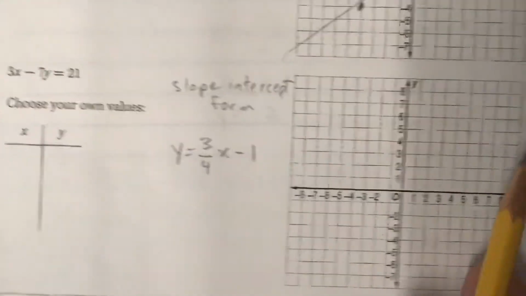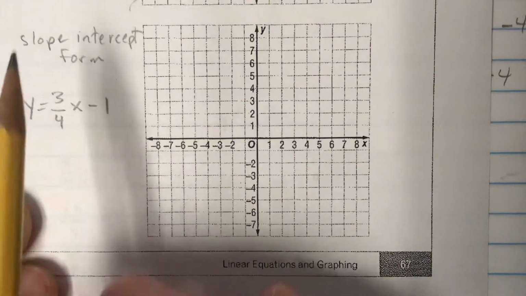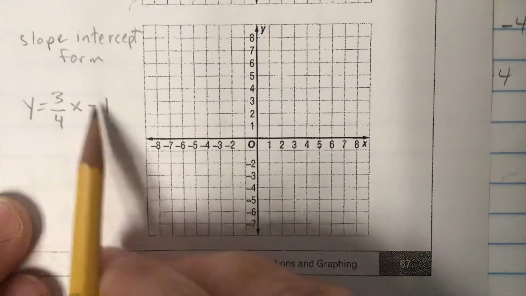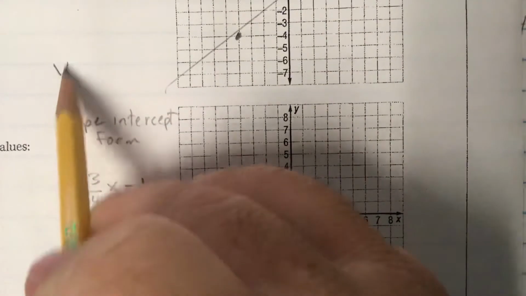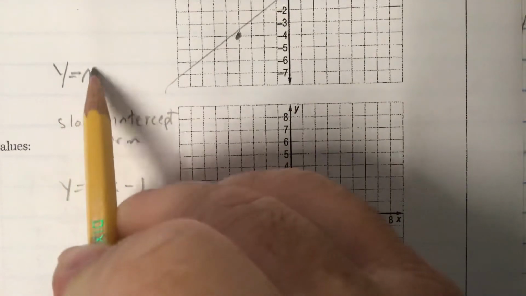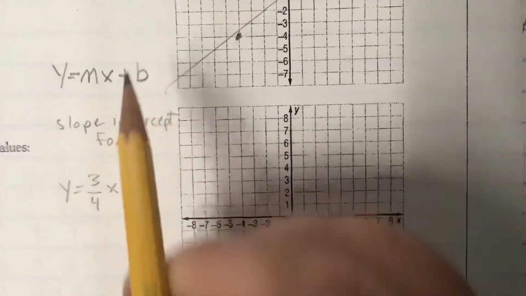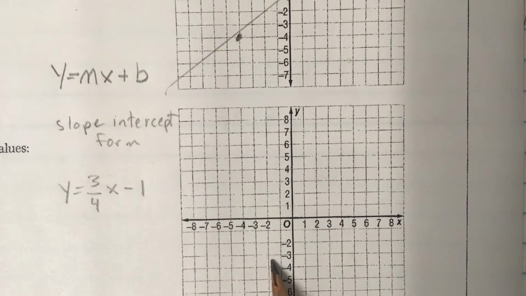Now, the other thing with slope-intercept form, the reason that we know this equation is in slope-intercept form is that slope-intercept is y equals mx plus b. This is available on your formula sheet on the test. It's available in a lot of places.